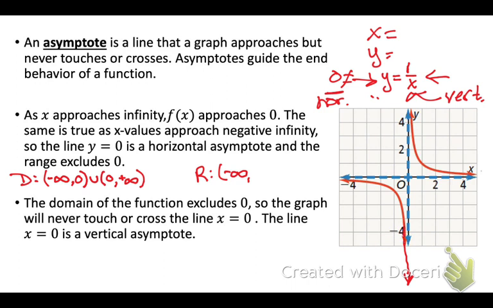And then I'm coming up, and what am I not getting to? 0. But am I approaching it? Yeah. Am I ever going to get there? No. So negative infinity to 0. Then I pick back up at 0 and go to positive infinity.